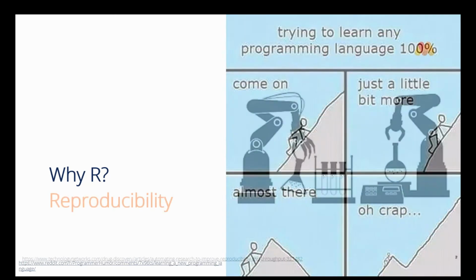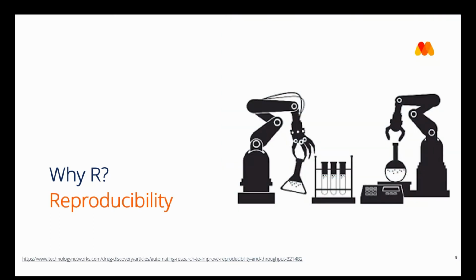So the first reason is R's reproducibility. Now, what do I mean by reproducibility? Well, the definition of reproducibility is that something is able to be reproduced or copied from one place to another. And within R terms, this means that I can perform an analysis, I can then send that to someone else, and we can both run those two analyses at the same time, and we can get exactly the same results.